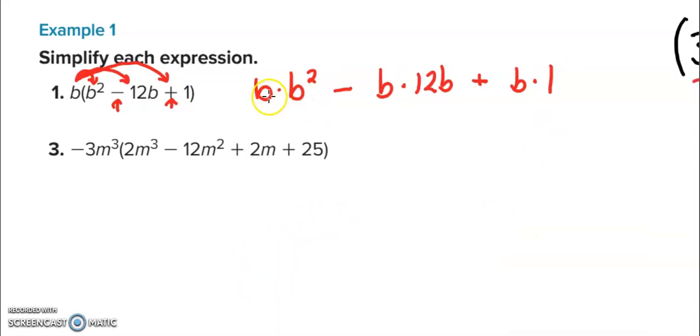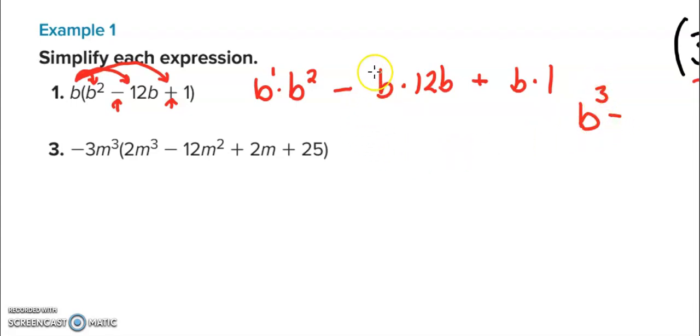So what is b times b squared? Well, remember, if we have powers of like bases and we're multiplying them together, we just add the exponents. We have an exponent there of 1, so this is b to the first times b squared. So b to the 1 plus 2, this becomes b to the third.